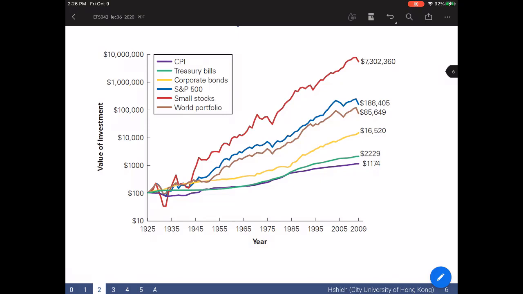Moving into the world portfolio, which is diversified, meaning that our risk is somewhat spread among different assets, we get $85,000. But once we jump into riskier stocks and we get more specific into a particular asset, a country such as S&P 500, the value starts to rise substantially, right? $85,000 all the way to almost $200,000.